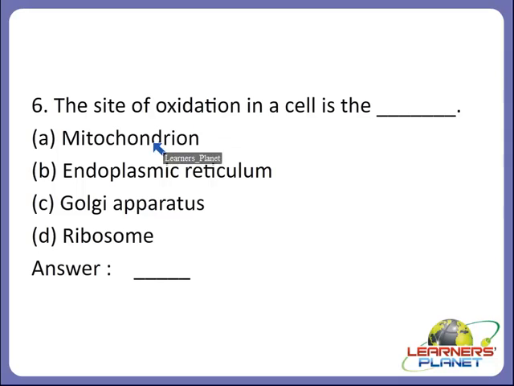Now the next question is, the site of oxidation in a cell is dash? So what do you think? Which organelle is carrying out the oxidation? Now oxidation could be of any kind, but generally when we are calling it a simple site of oxidation, then usually it is related to the oxidation of glucose.